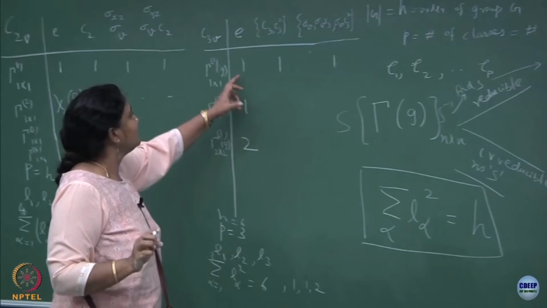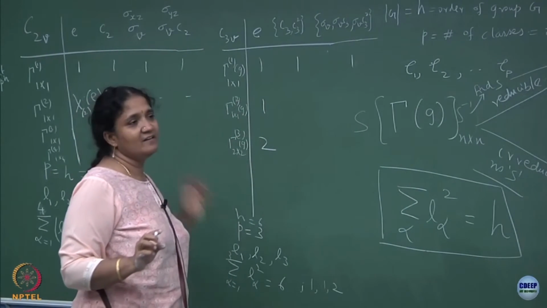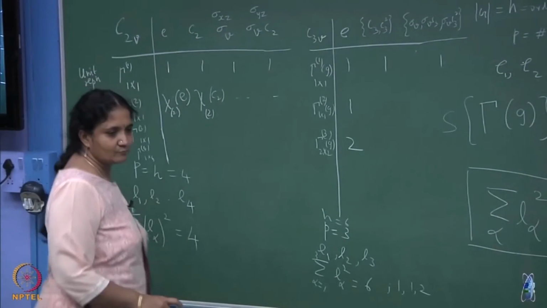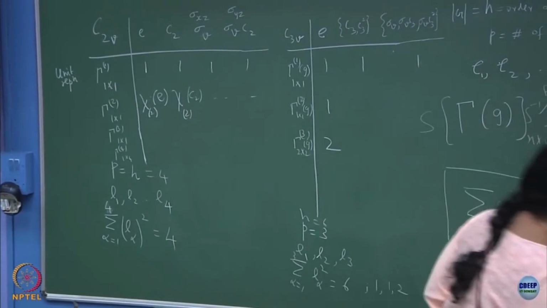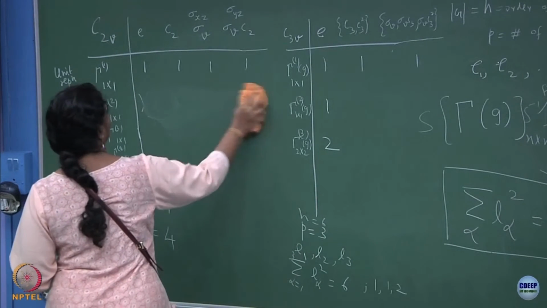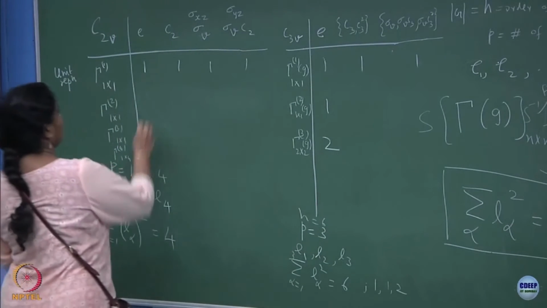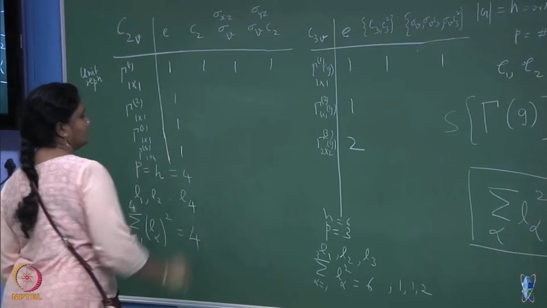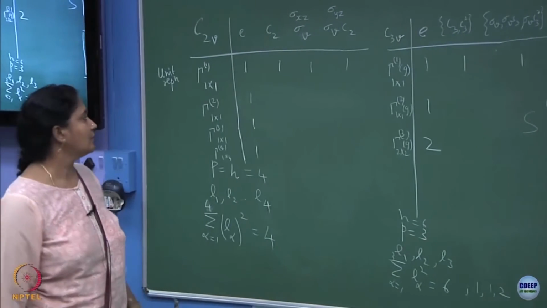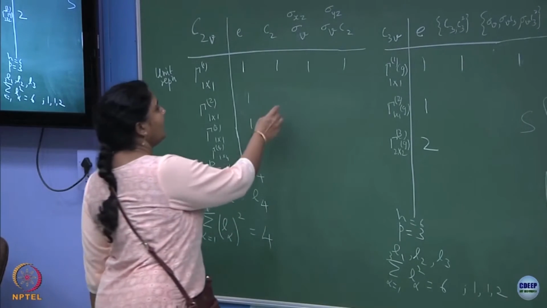So, this is actually L1 is 1, L2 is 1, L3 is 2. So, similarly here, this part is 1 1 1, no change. Okay. Now, I can play around with this.